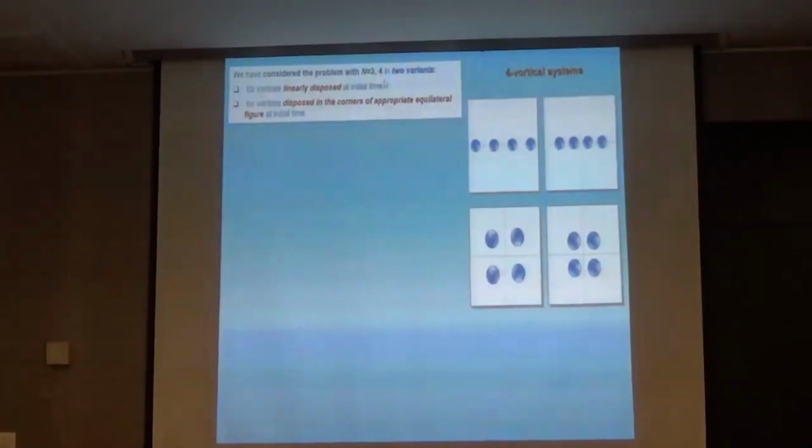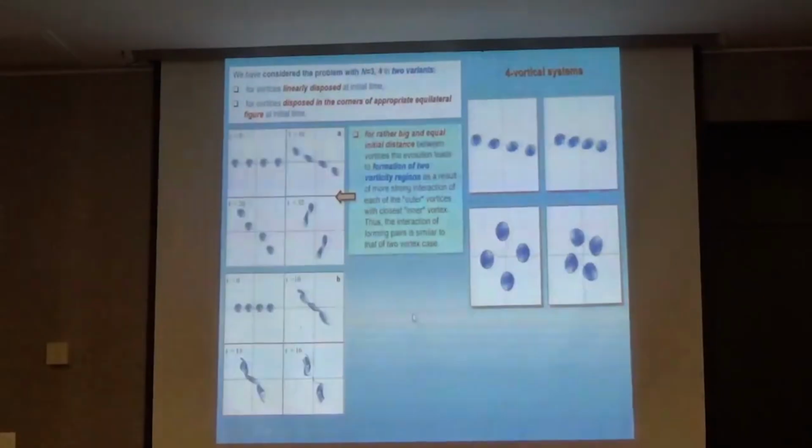We have considered also the problem with n equals 3 and 4. So 3-vortex and 4-vortex systems in two variants: for vortices linearly disposed at initial time and for vortices disposed in the corners of an appropriate equilateral figure at initial time.